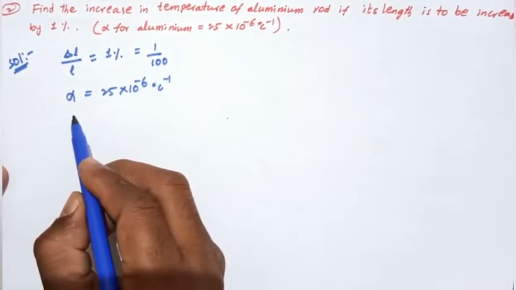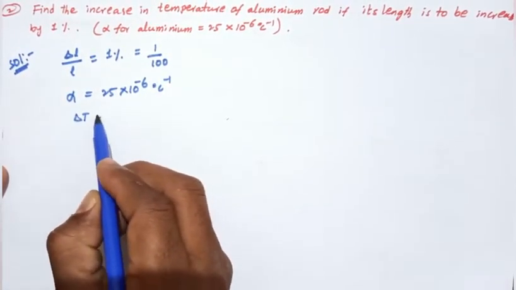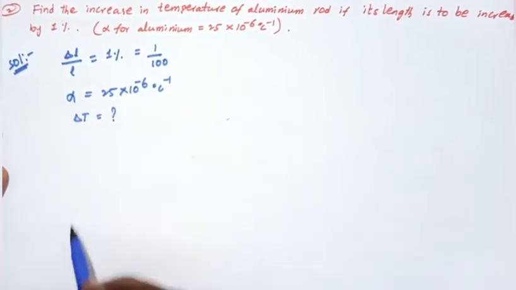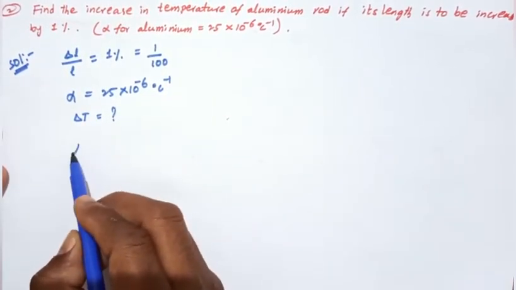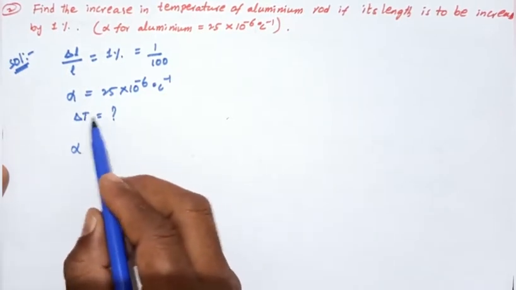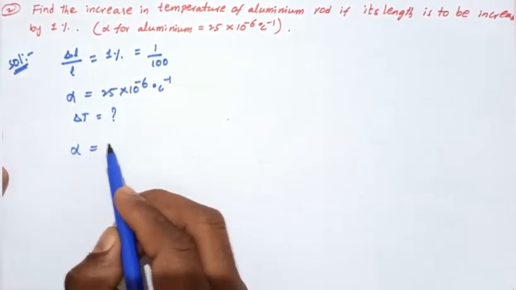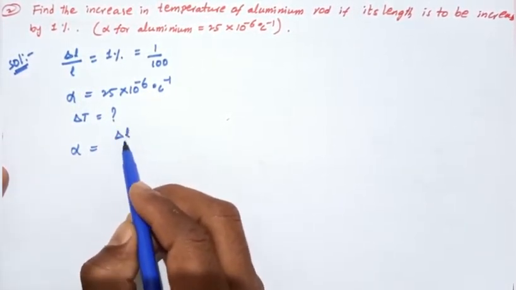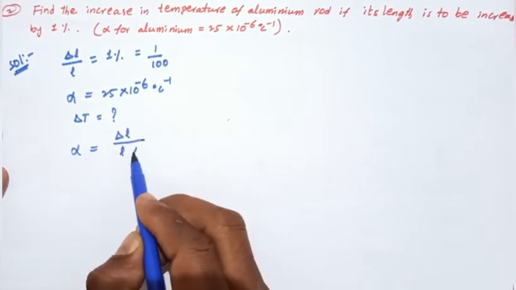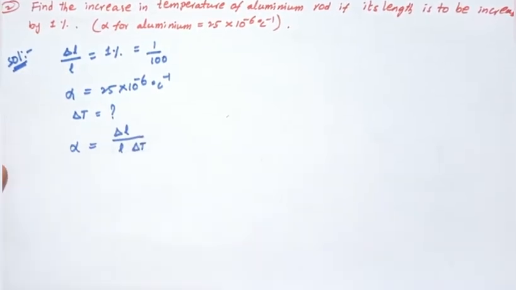We can find the change in temperature. The linear coefficient of expansion alpha equals delta L by L into delta T, we know that.